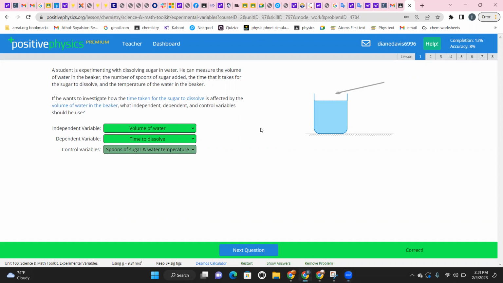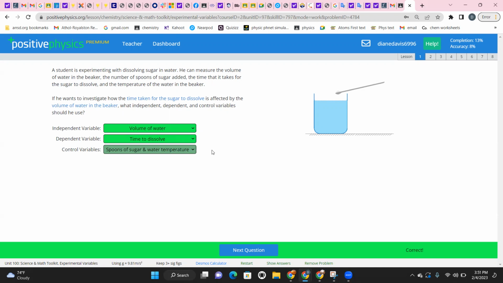So when you're looking at a question or a problem, the independent variable is the quantity that you're changing. The dependent variable is the thing you're measuring the change of when you change the independent variable. Control variables are the things that are staying the same.